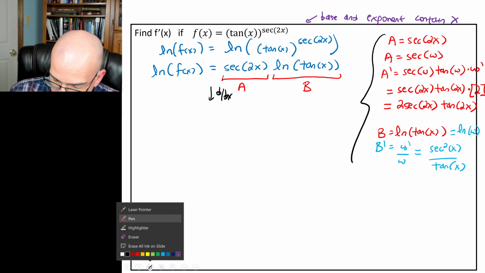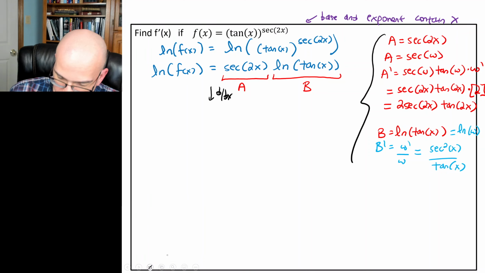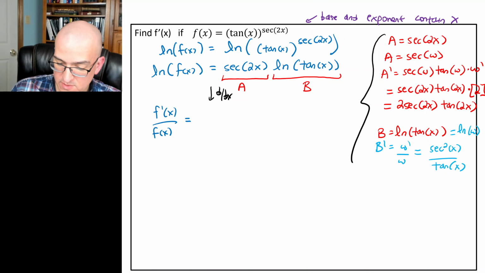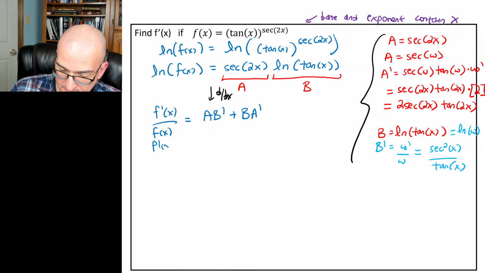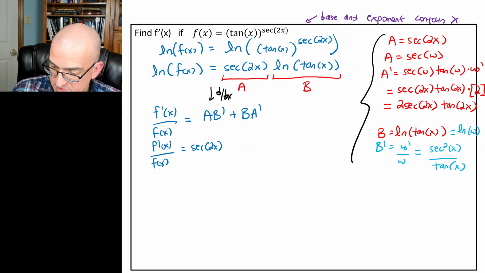On the left-hand side, we have f prime over f. On the right-hand side, we have a product rule: A B prime plus B A prime. So A is secant of 2x times B prime.